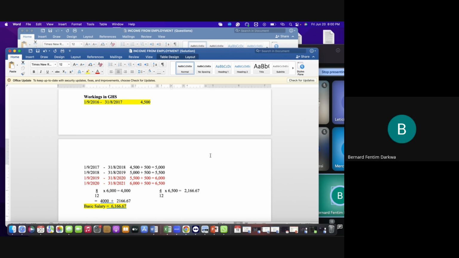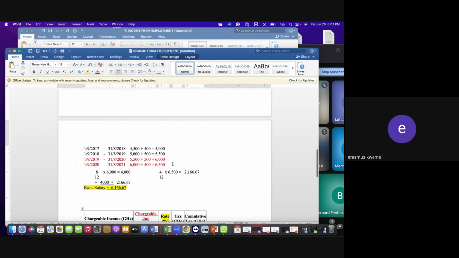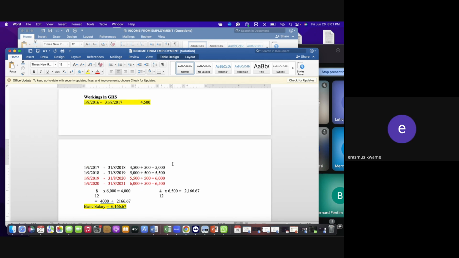So the first one was 1st September 2017 to 31st August 2018, which is one full year.